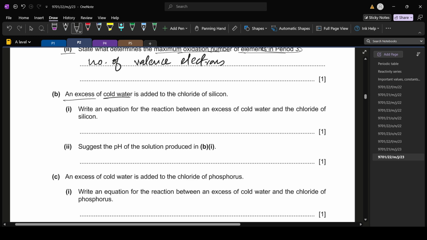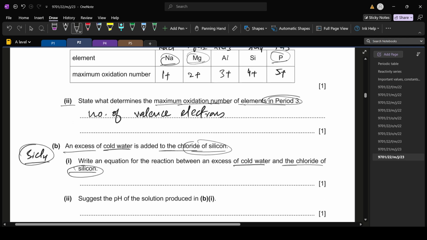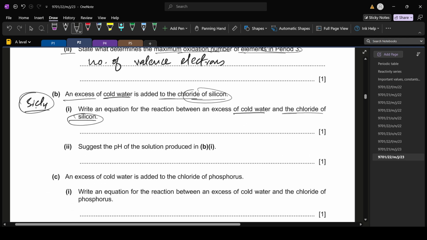An excess of cold water is added to the chloride of silicon. Write an equation for the reaction between an excess of cold water and the chloride of silicon. Now this is silicon 4 chloride, and it is a covalent compound, so it will be hydrolyzed by water.